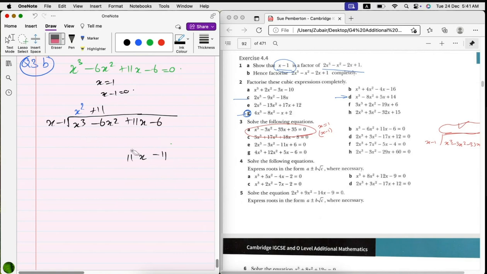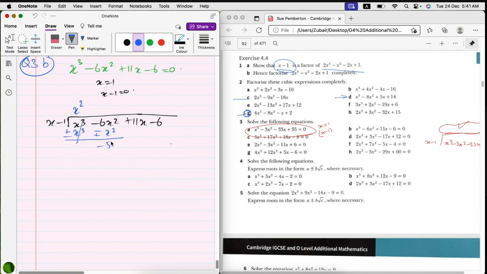Retrying this. Oh, I wrote 6. That was 1. This is x square. x into x square is x cube. And this was actually 1. I wrote 6. Positive and negative cancel out.